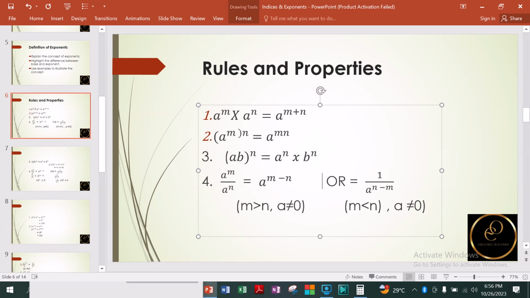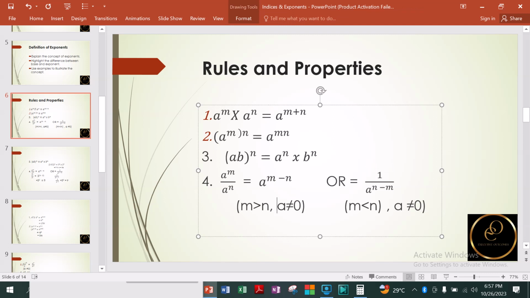It's because if m is less than n, then it will come down as a negative power raised to power n, then it will be in the form of 1 over the base raised by a positive number. So that's why the sense of the equation will change.